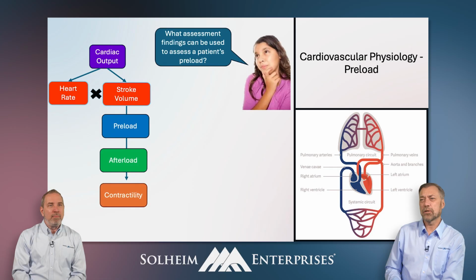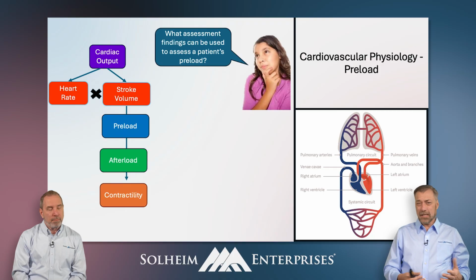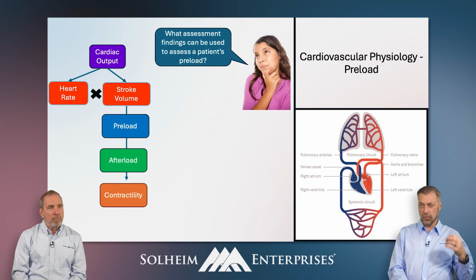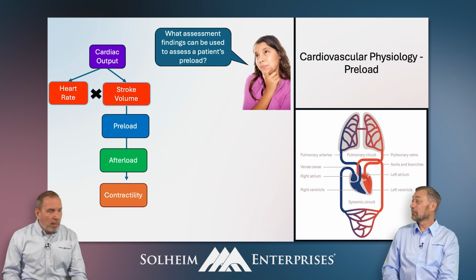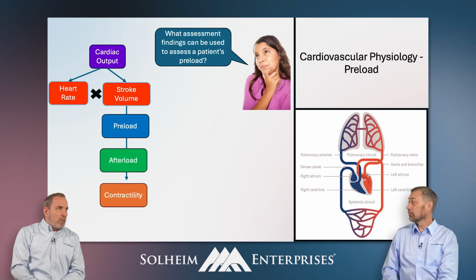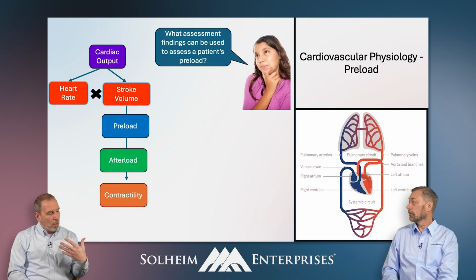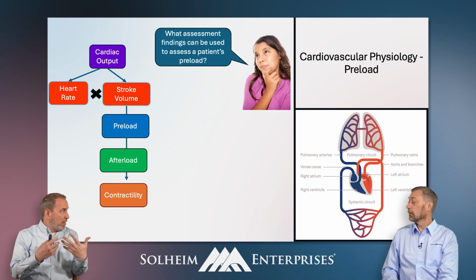So let me ask a question. What assessment findings can you do just at the bedside to assess a patient's preload? What things are you using to assess preload? Can I ask you for a few, Bill? Well, you can check things like where's the fluid going if it's failing.